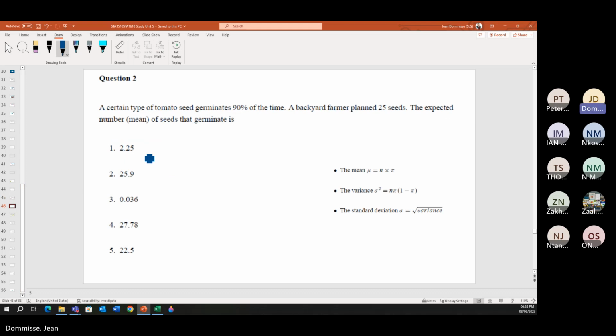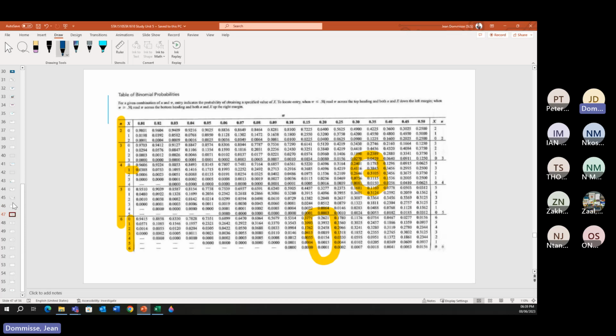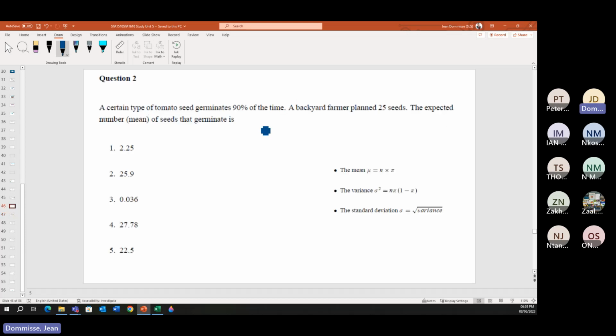So again, what is important, I just want to check. So here they tell us a certain type of tomato seed germinates 90% of the time. So that is nearly your rate that they give us.